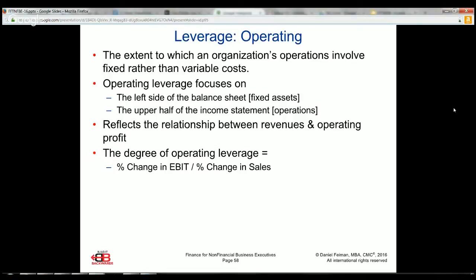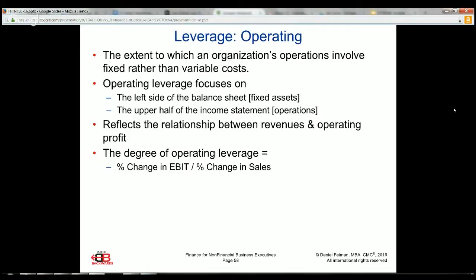Just like the basic leverage we talked about on the previous slide, debt versus equity. The higher the debt, the higher the risk of default. And in the leverage, the higher our operating leverage, the higher the possibility of not making the operating profit we want.